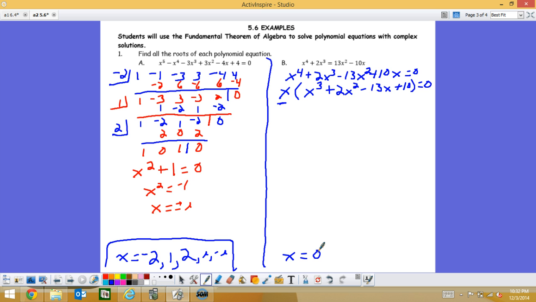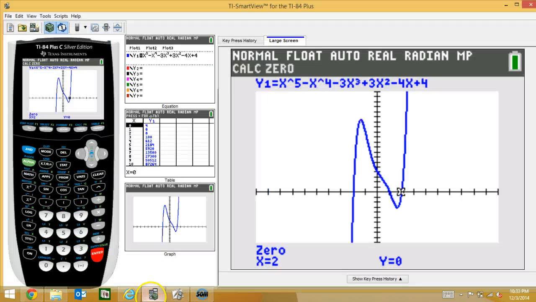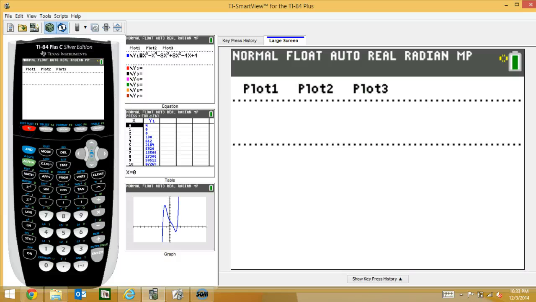Okay? So now what I'm going to do is go to the calculator and put this remaining polynomial, that cubic, into the calculator. And now hopefully this time I get rational roots. So let's keep our fingers crossed.